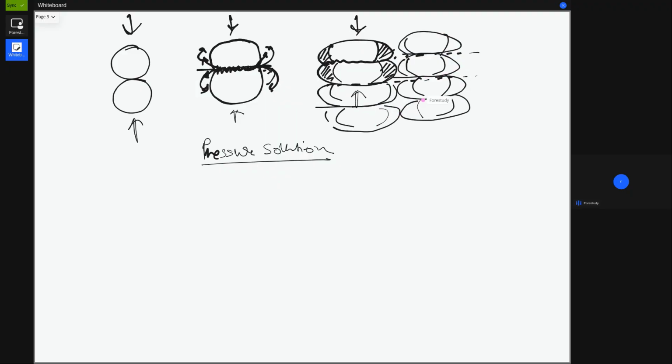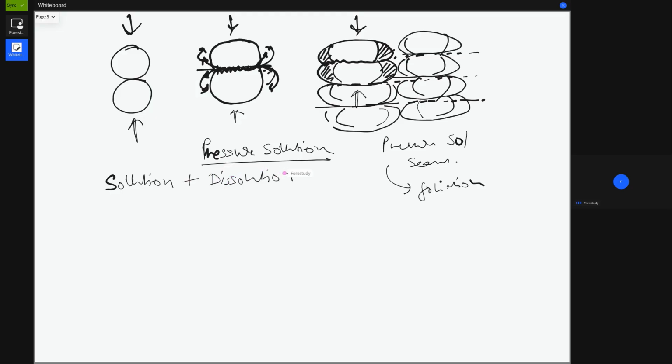So because of these pressure solution seams, we get foliations in rock. And this happens due to solution, dissolution, and also precipitation.